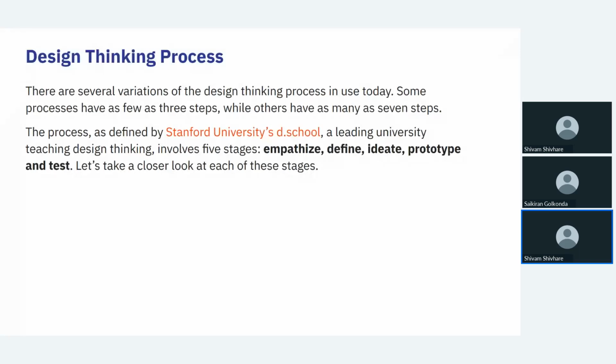Some of you might be dreaming about studying at Stanford University. Here in this design thinking process, we have 5 stages: empathize, define, ideate, prototype, and test. We'll see each stage of the design thinking process very clearly now.